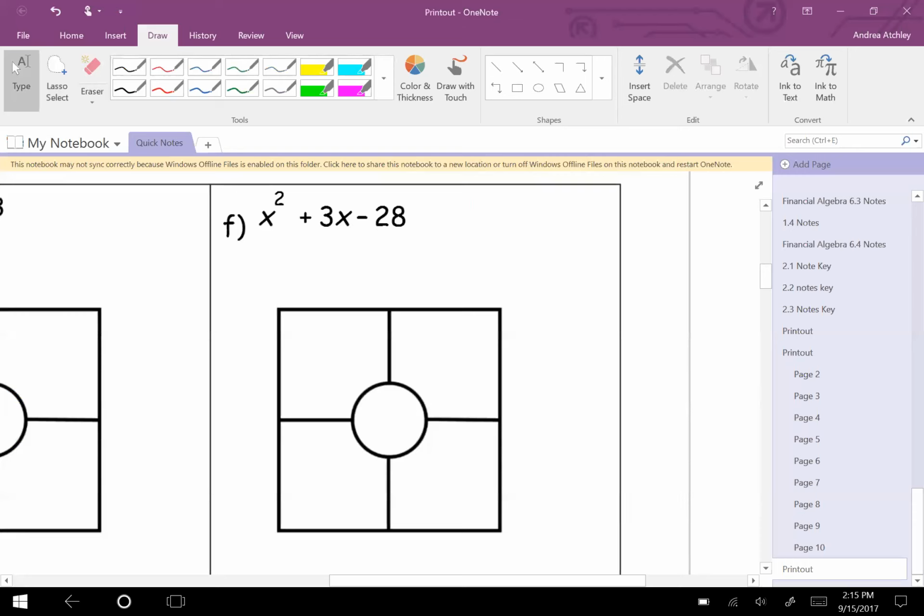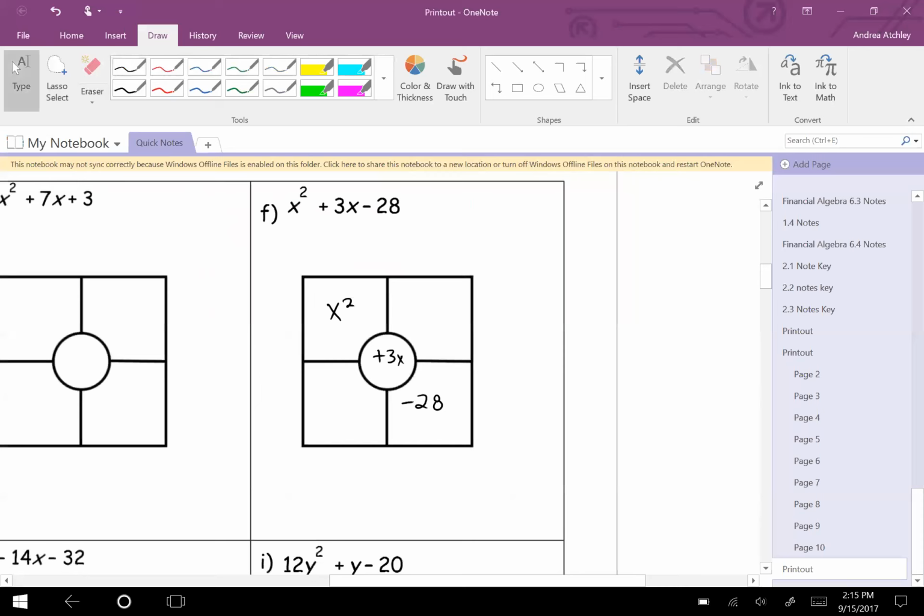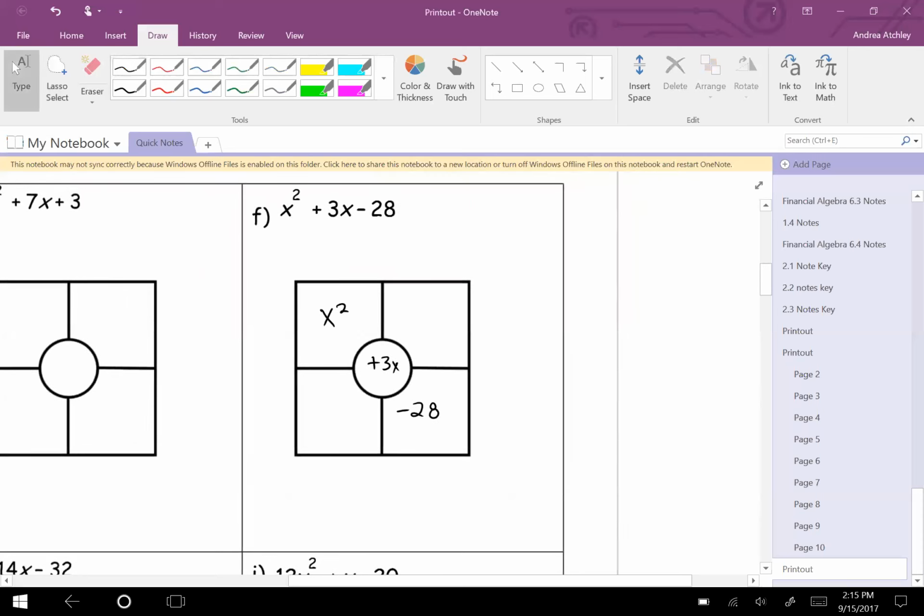Why don't you guys try that one on your own in your pairs? Oh, actually, I think we're gonna need to do this one together because it has the negative 28. So we're gonna make sure we can do this. Okay, so once again, class, what multiplies to x squared?